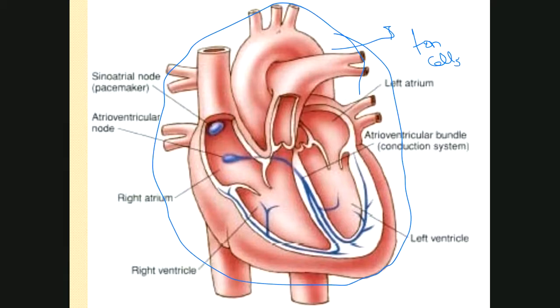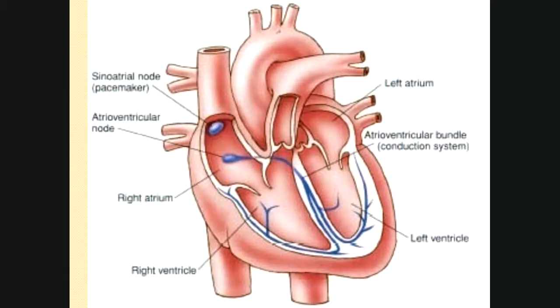And so by the time it's spread from here to this cell, to this cell, to this cell, it would take too long. It would take so long that it would be out of refractory.